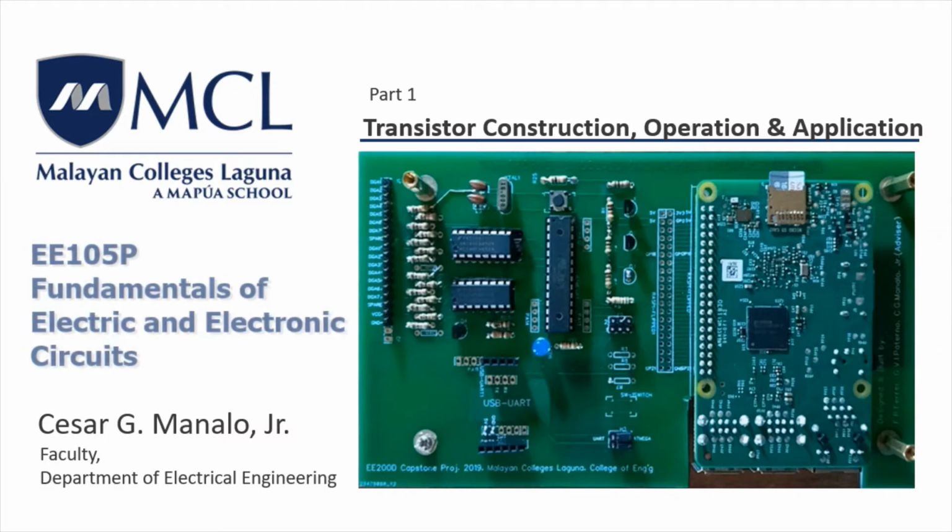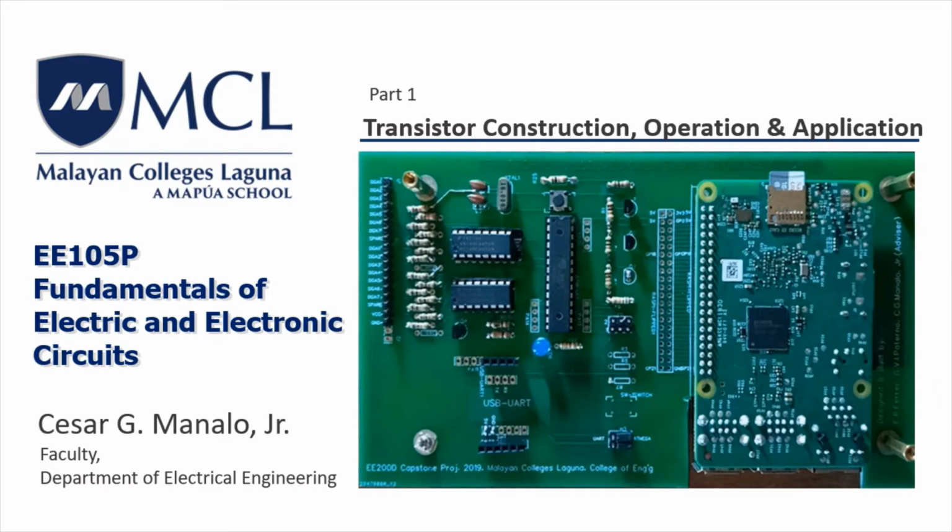In the late 1940s, a team of scientists from AT&T Bell Labs invented a device called a transistor. This is a three-terminal device made from a semiconductor and replaced the functionality of a larger device called a triode that is made from vacuum tubes.